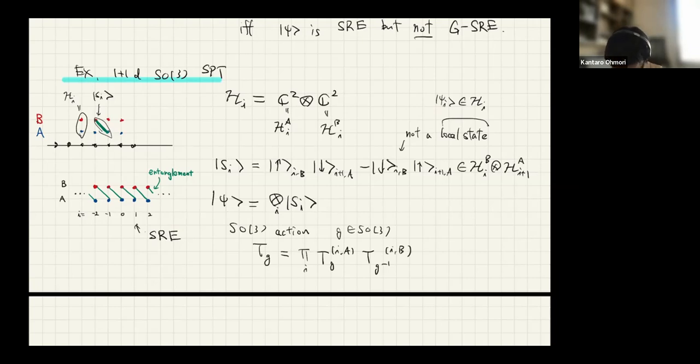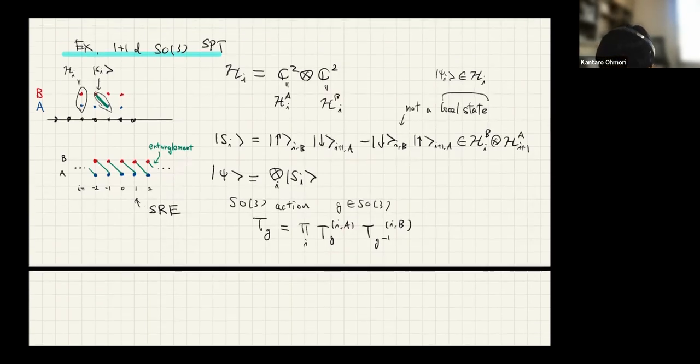Just for a qubit, it acts on both the A qubit and the B qubit separately. For the A qubit, it acts as G, and on the B qubit, it acts as its inverse. That's my action.